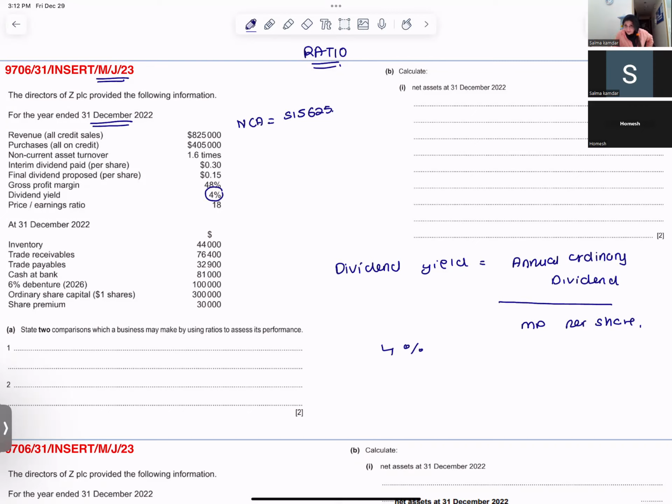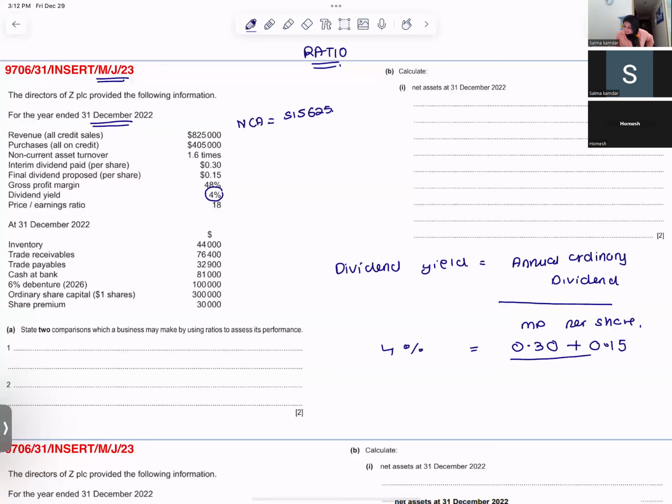Annual ordinary dividend is how much? Miss, annual ordinary dividend is, hold on one second. So I could say this is 0.3 is interim dividend and 0.15 is final dividend.